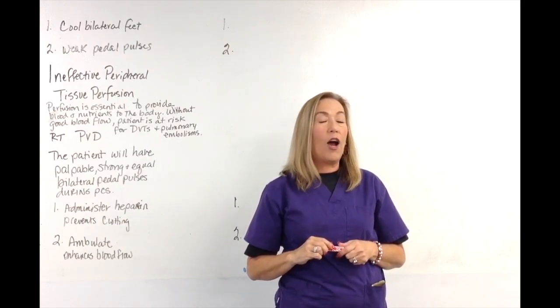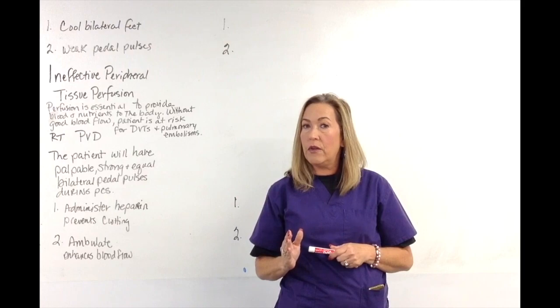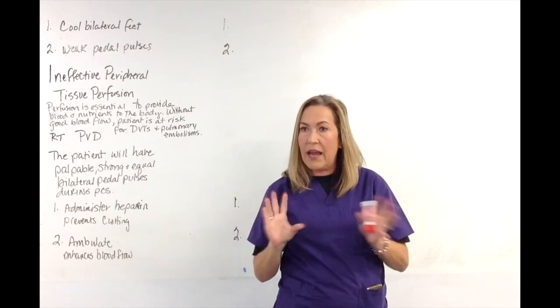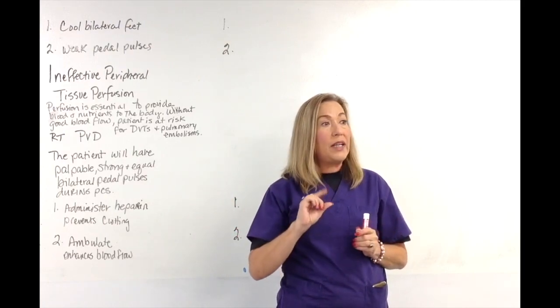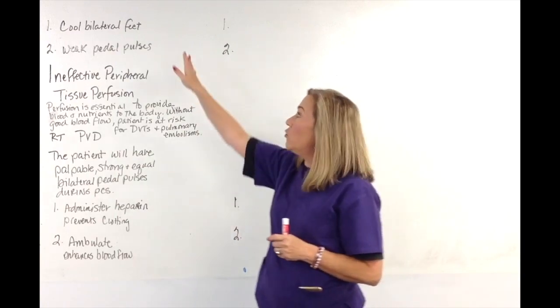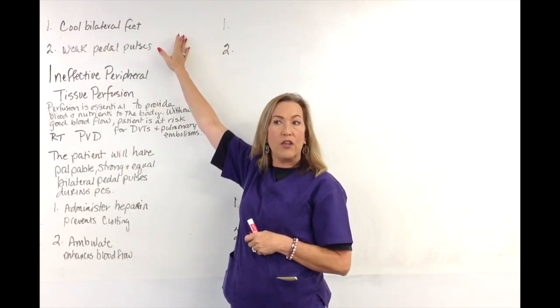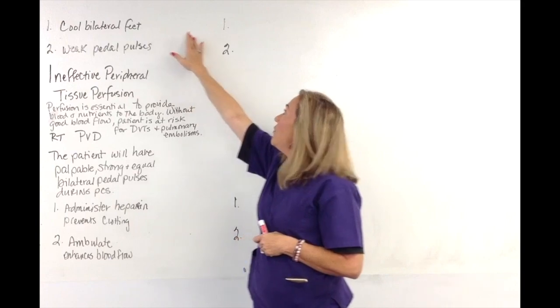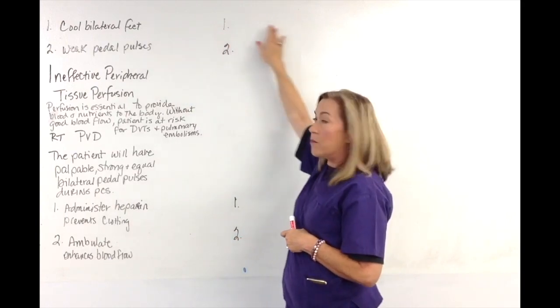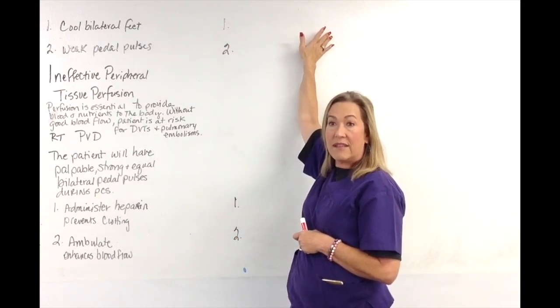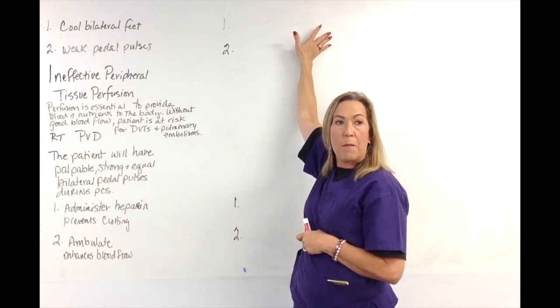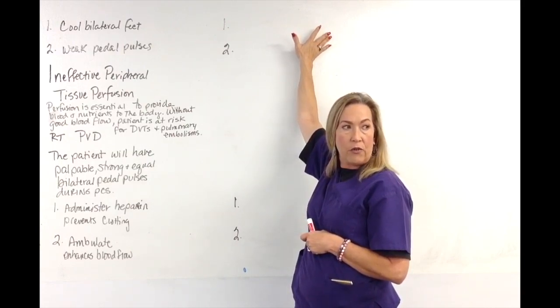Okay? The only thing we change is the problems that we had to correct. If we didn't change, like one of them was the cool bilateral feet. Were they still cool? Okay, so when we go straight across, number one, we don't put anything because it's the same. We're only changing the boxes that have to be changed.